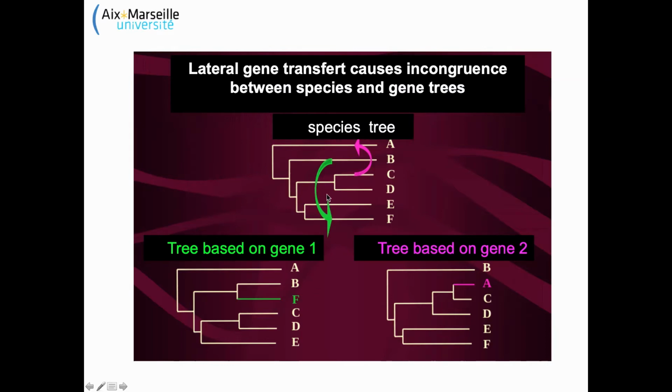Because if the evolution is linear, I mean, if nothing changed inside the genes after the speciation of the species, if everything happened at the same time in all of the species, you have mutations in the same way in all of the species, you will have the same gene tree as the species tree, right?